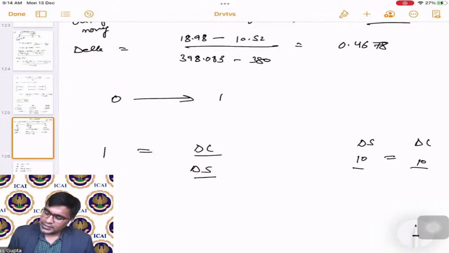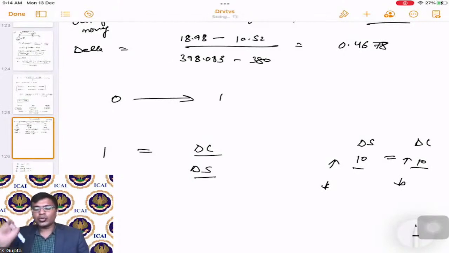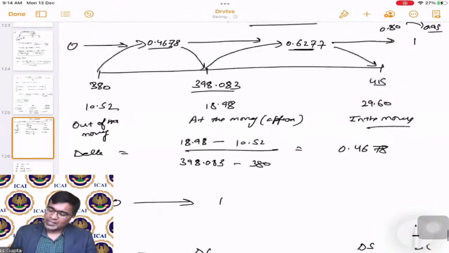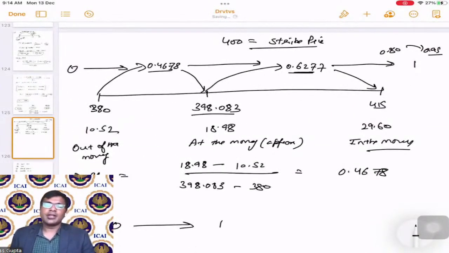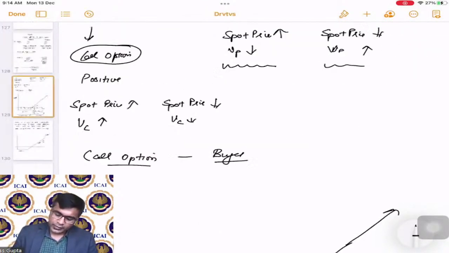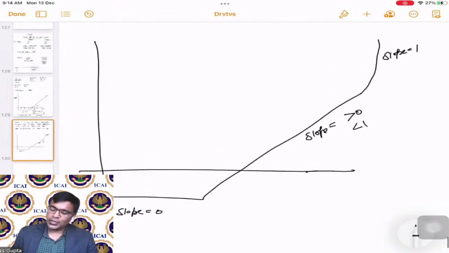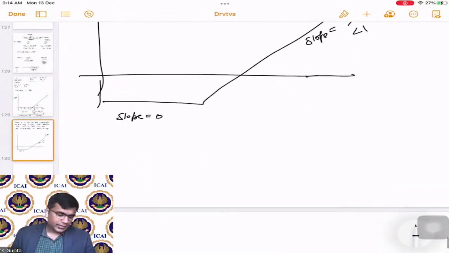If it increases, it will also increase. If it decreases, it will also decrease. Simple. So the net change will be equal to the change in the spot price. That is what 1 indicates. Okay. And slowly, gradually, we are moving towards this. I hope, Namita, I am able to give you an example. Okay. So hence, this theory is also proved that it will move from 0 to 1.